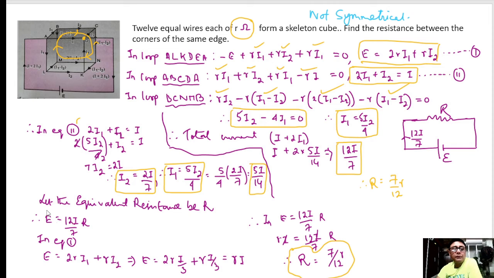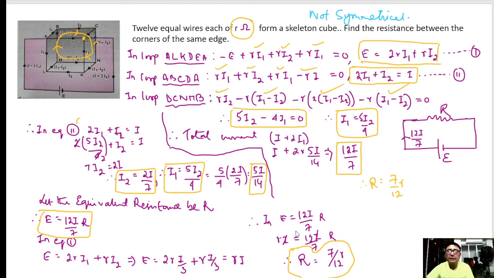E equal to 12I by 7 into R. This is the value of E. We have done this.